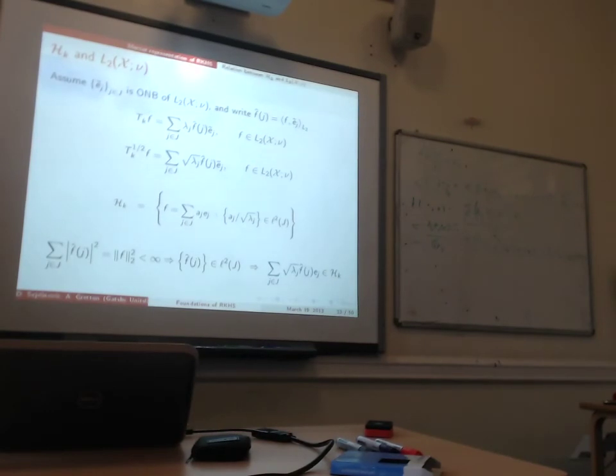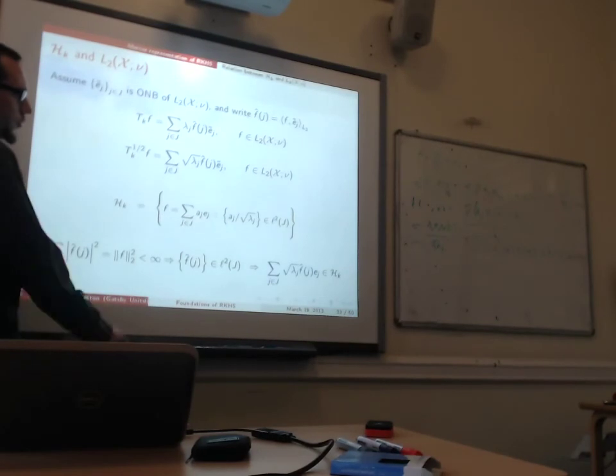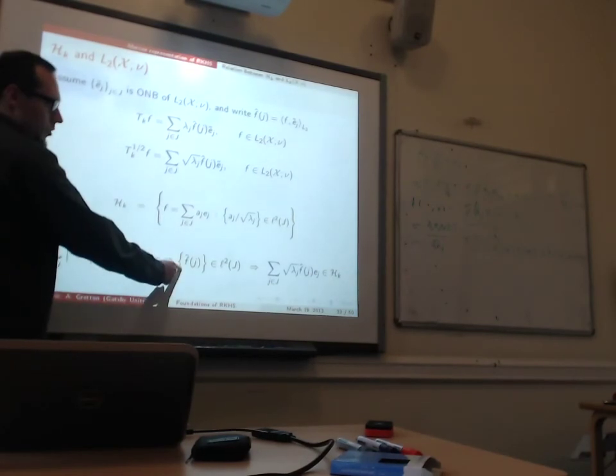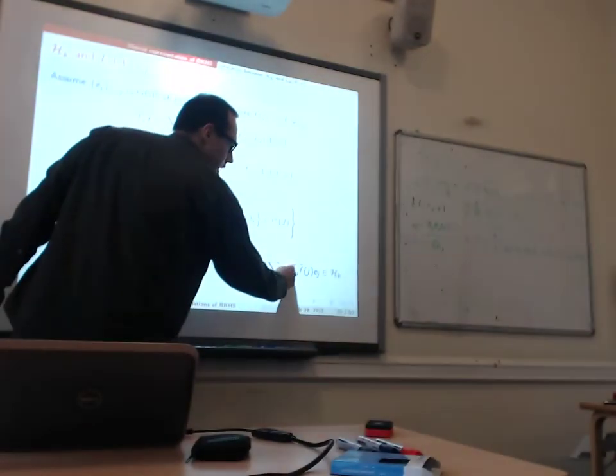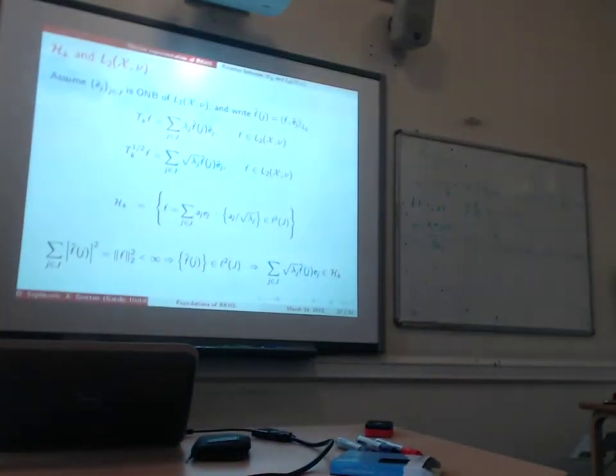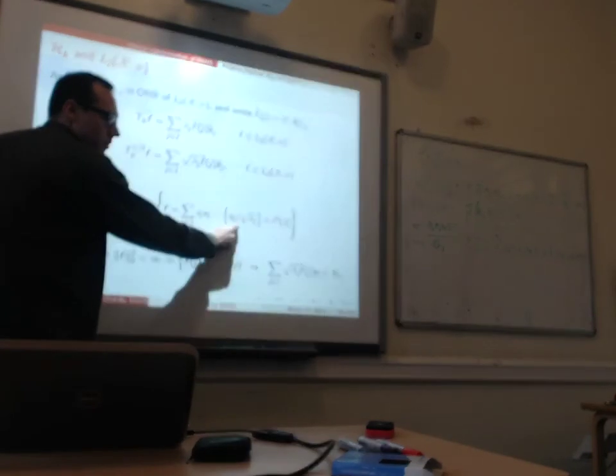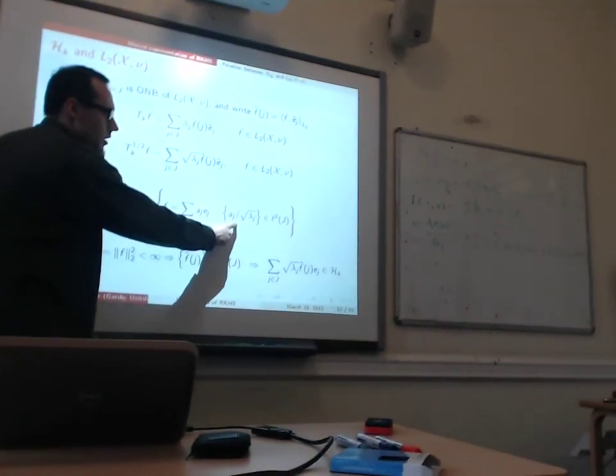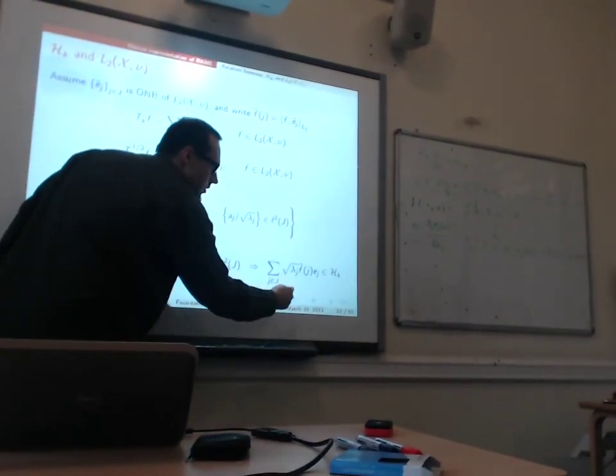But since the Fourier coefficients are in small l2, the sequence defined in this way, square root lambda j times those Fourier coefficients, satisfies this property. Okay, so that means that this function is in H_K.